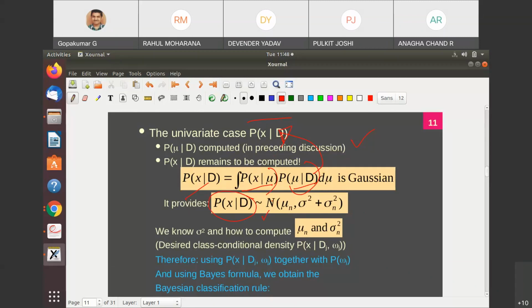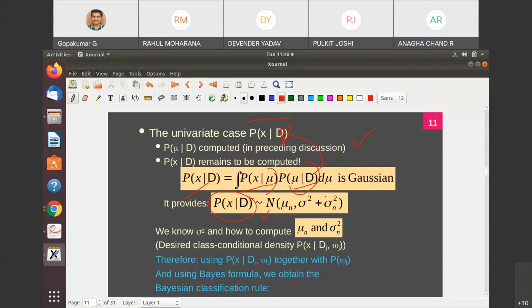Any prior information on the mean value that we have found using the previous method will have some uncertainty, because all these are using some guess, or some prior information, or are with respect to the data set, whatever it is. There can always be some additional bias or uncertainty.